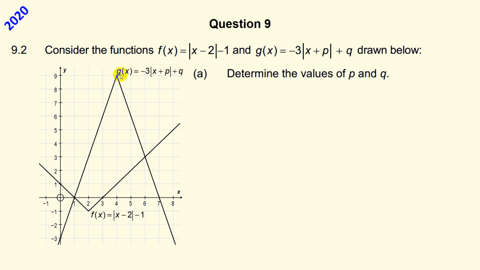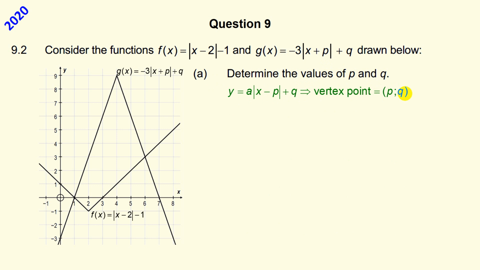So exactly the same thing's going to work here. It's the same formula. That means that we know that the vertex point is (-p, q).